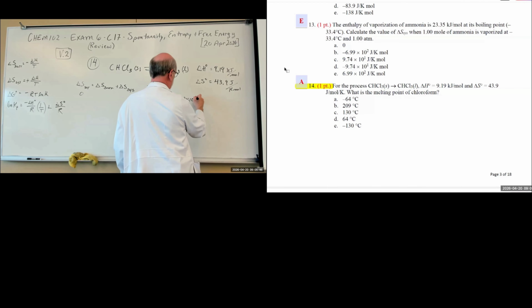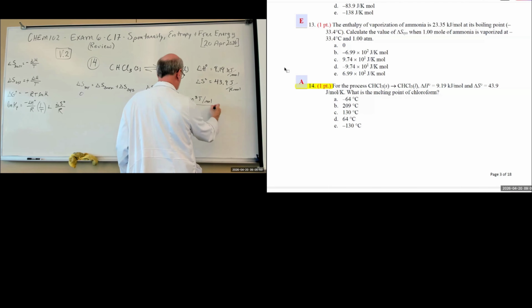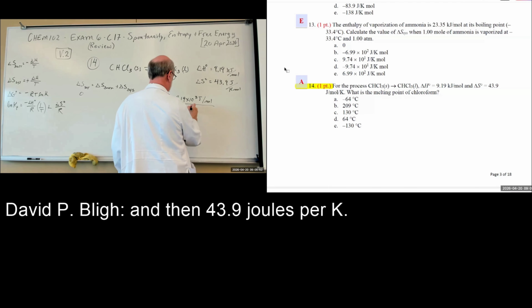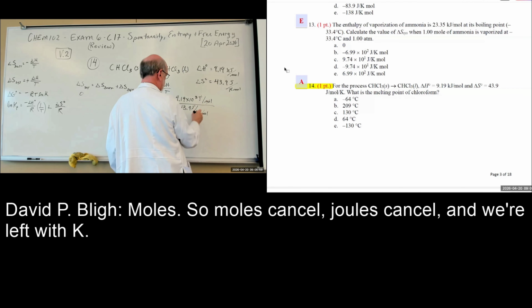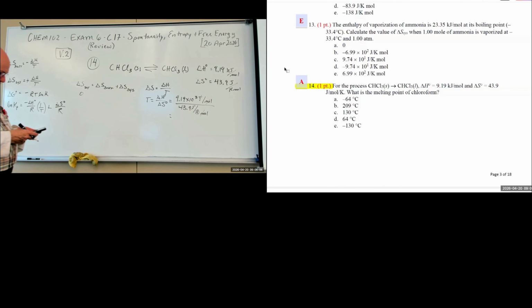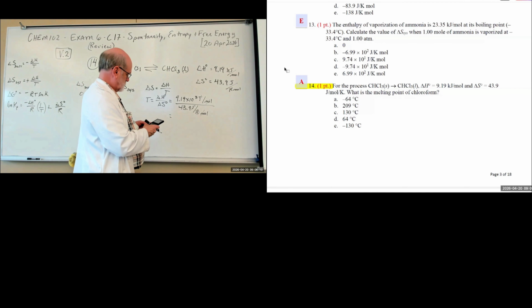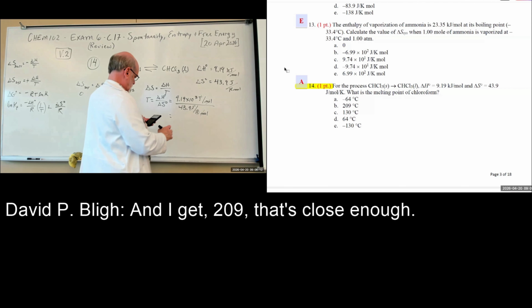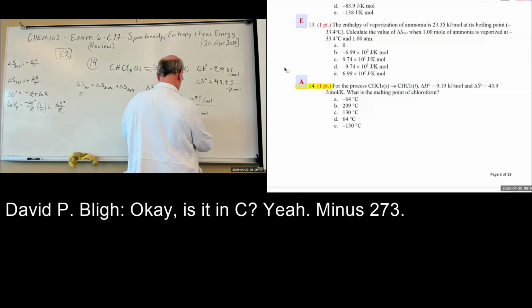9.19 times 10 to the 3rd joules per mole. And then 43.9 joules per K mole. So moles cancel, joules cancel and we're left with K. And I get 209, that's close enough.